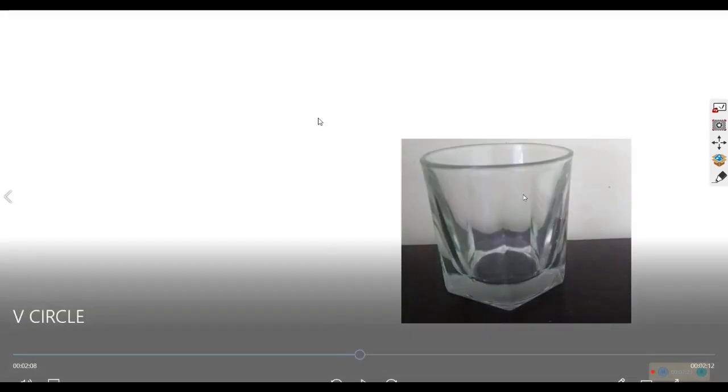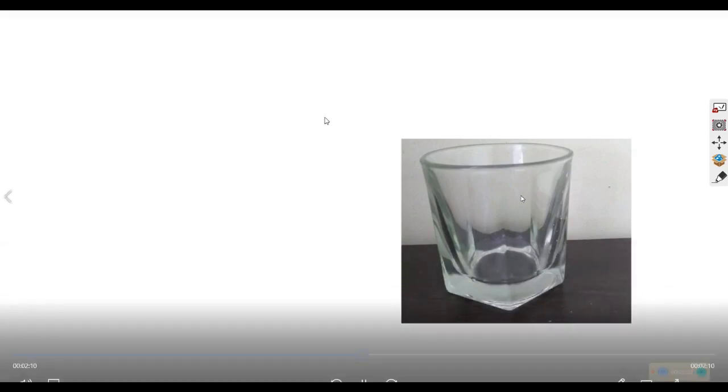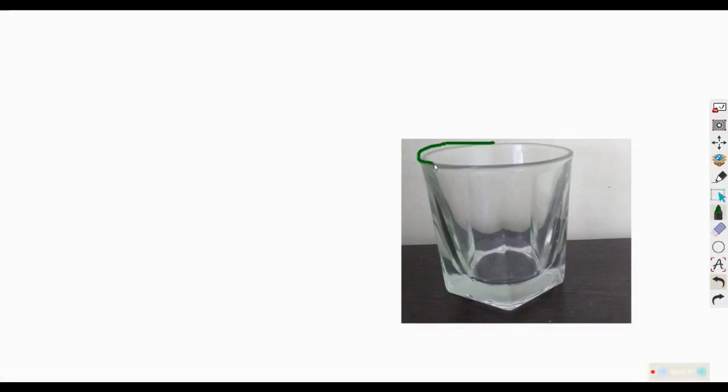Another way of understanding circumference is something you use in your day-to-day life, a glass which has a rim in a circular form. The rim means the edge of the glass, which is circular, and if you measure the length of the circular edge of a glass, you are measuring the circumference of the edge of the glass.